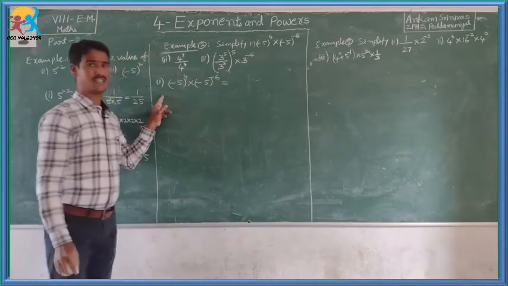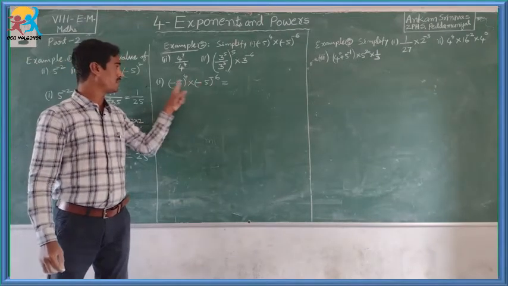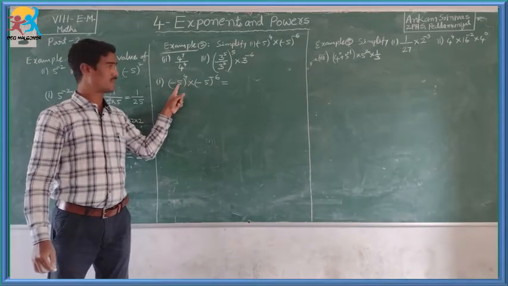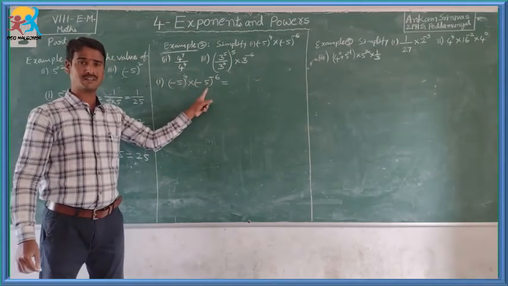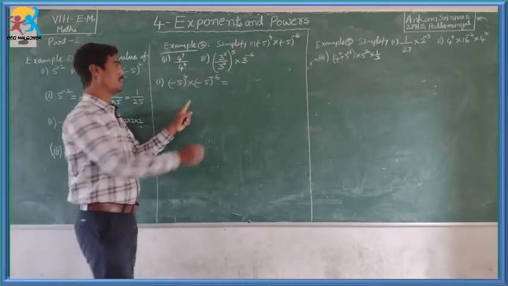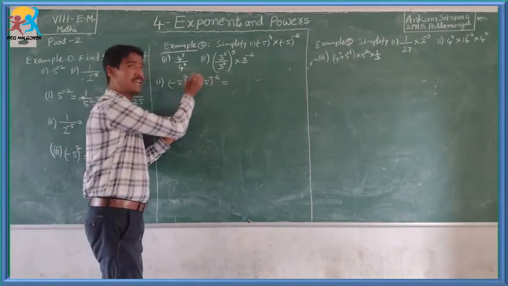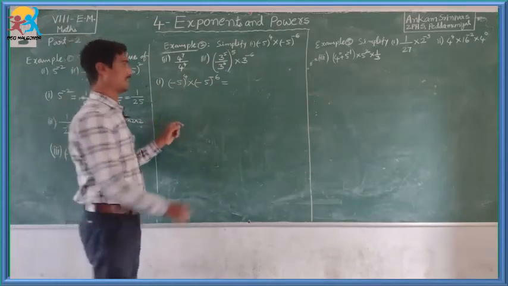Dear children, here there are two powers with the same base. What is the base here? Minus 5. When two powers with the same base are multiplied, we have to add the exponents, the sum of the exponents.